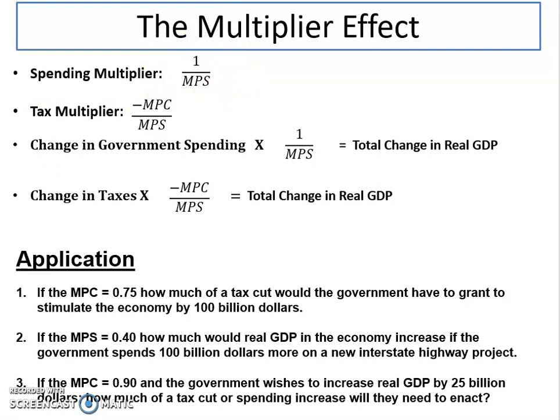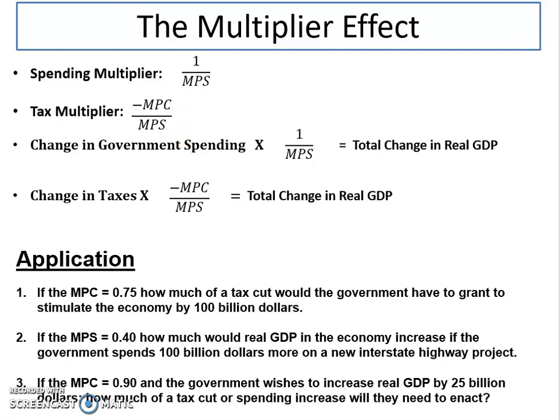In some cases, rather than changing spending, the government might change taxes. So we have a tax multiplier as well. It's a little bit different. In the numerator, it's negative MPC, marginal propensity to consume, over MPS, marginal propensity to save. So using the same numbers, if we calculate the tax multiplier, it's going to be negative 0.5 over 0.5, which would give us negative 1. What does that mean?